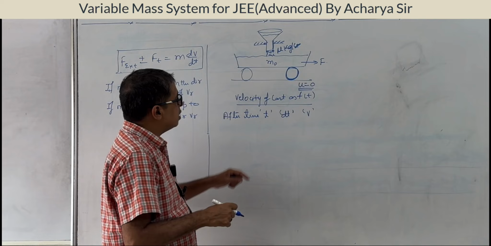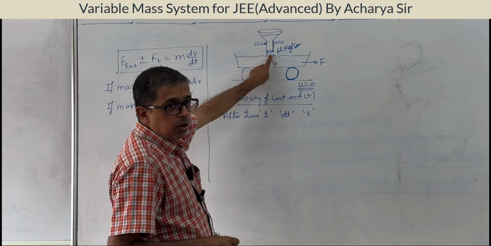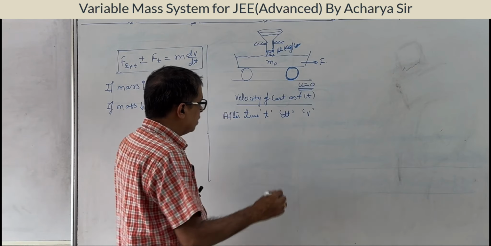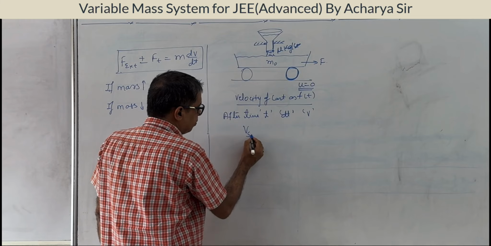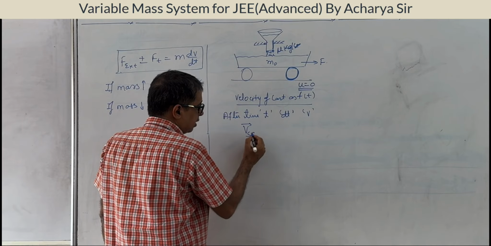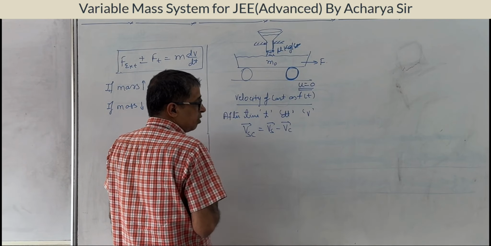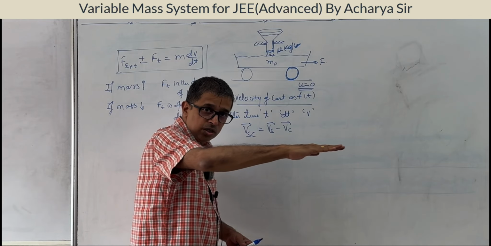At this instant, I should know the relative velocity of the sand particle with respect to the cart. Velocity of the sand particle with respect to the cart is velocity of the sand particle minus velocity of the cart along this direction.